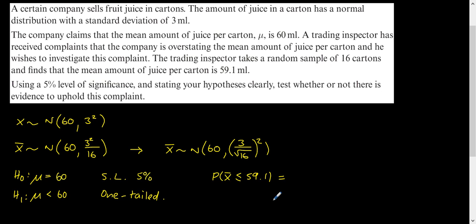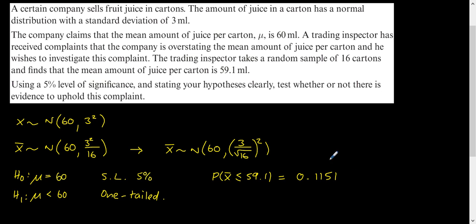Our upper is 59.1. For sigma, this is where you can get your calculator to use the fraction: 3 over root 16 we know is just 3/4, but sometimes you can't work them out as easily in your head. So we'll just say 3 fraction button, square root 16, and your calculator will write that as a decimal when you press equals. Then mu is 60. What's our probability? 0.1151.